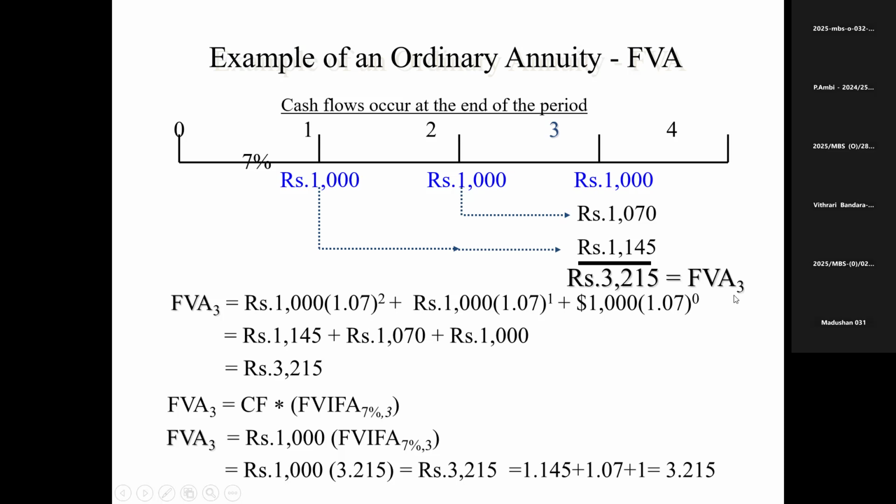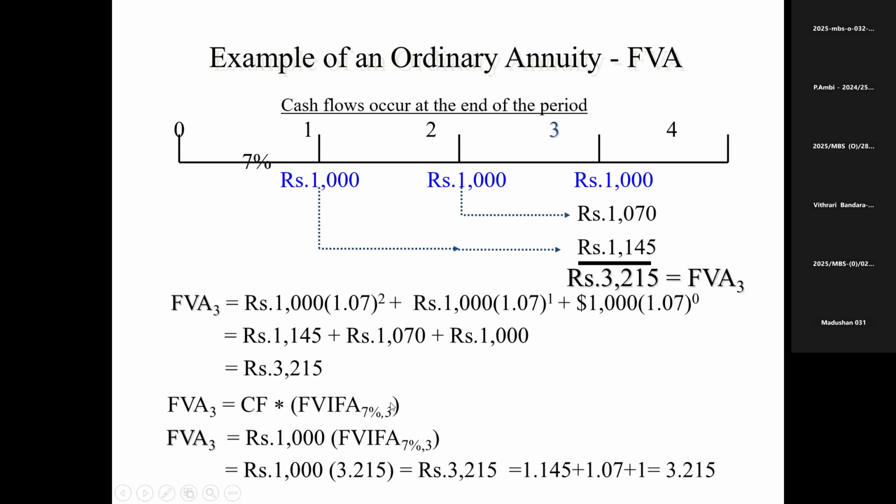So altogether we are earning 3,215. If at 7% for 3 years 1,000 rupees is converted, at the end of year 3 it is 3,215.